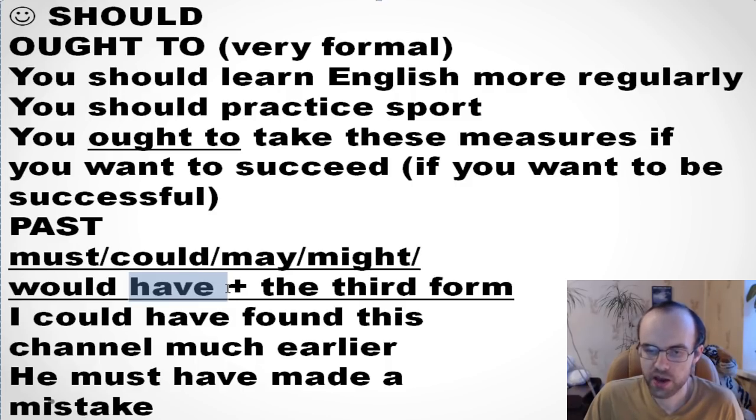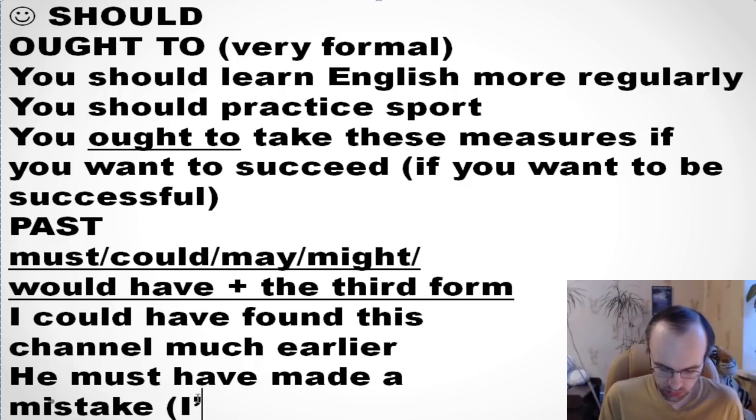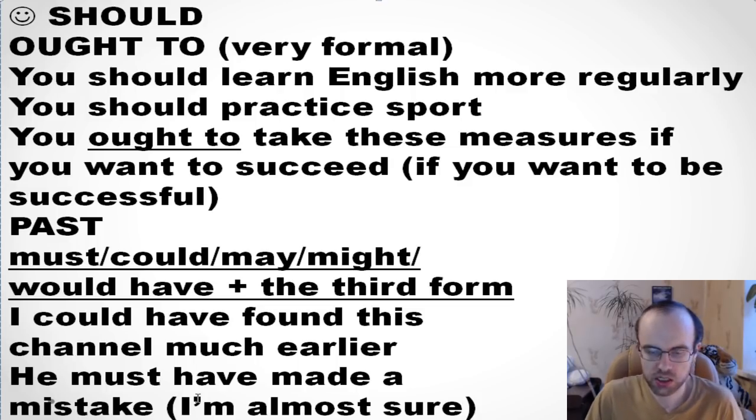He must have made a mistake. It means that I really think, I'm almost sure, that he made a mistake. He must have made a mistake, but I'm almost sure, it's another meaning.